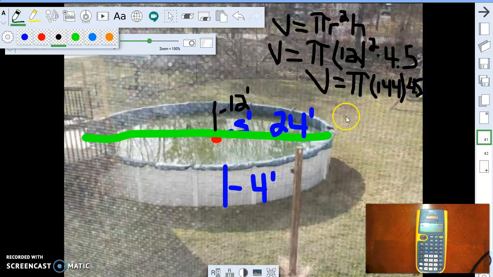Yikes. Times 4.5. Wow, that's tough writing on here. So, I'm putting an equal in there. We got 144. So let's start out with this. We have pi. I'm going to hit my pi button. I'm going to multiply that by 144. And I'm going to multiply that by my average depth or my average height.